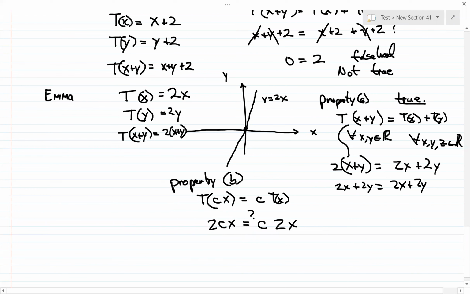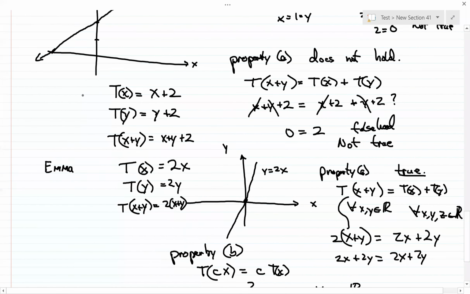Associative property has to do with grouping and which comes first. This has to do with the order change. 2 times c is on this side, c times 2 is on this side, but they're the same. And so this whole thing is the same, and that would hold for all x in R and for all c in R. So good news. 2x, Emma, you're correct, is a linear transformation.